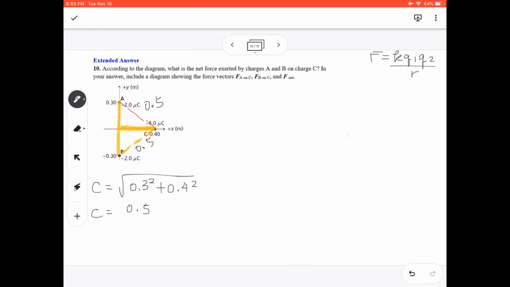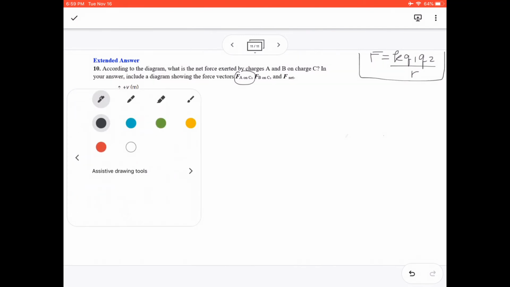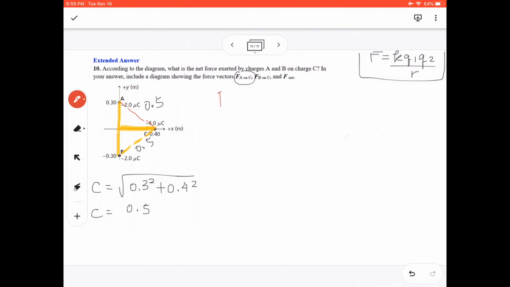Now we're going to solve for FA on C, the electrostatic force of A on C, using this formula. FA on C is equal to K, which is 9.0 times 10 raised to 9, multiplied by the charge of A, negative 2.0 microcoulomb.